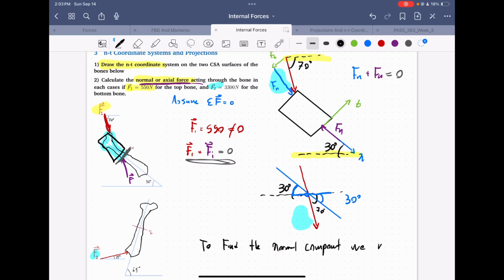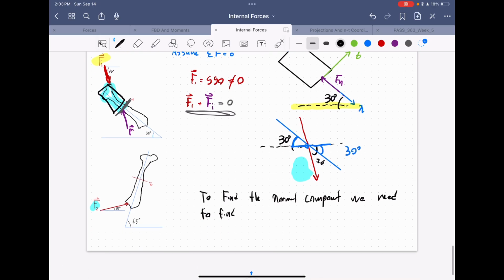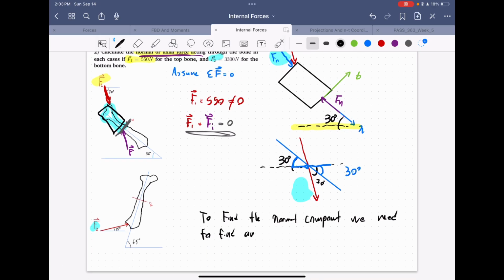We need to find an angle between the normal and the force vector.